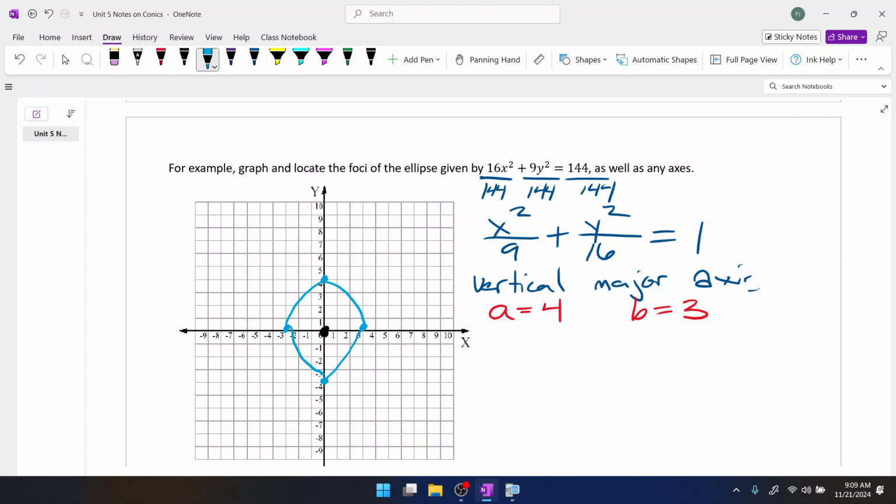Like if this B value were, say, square root of 8 and the A value were square root of 17, it would still result in an ellipse. It wouldn't land on integers. These are always going to be integers, is what I'm trying to say. But if the A and the B values were the same, then we're dealing with a circle. FYI.